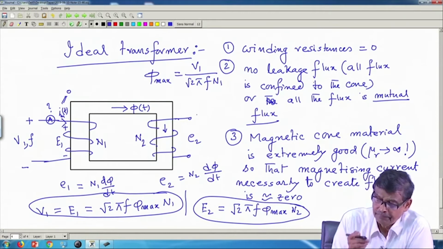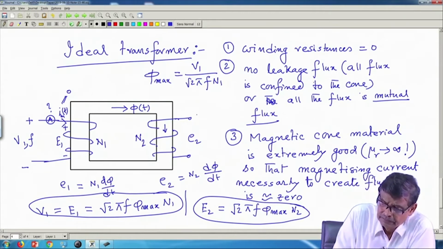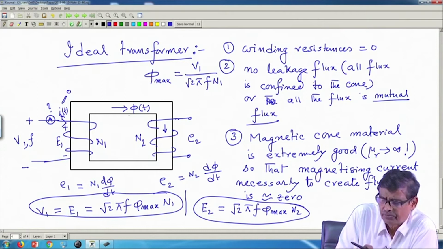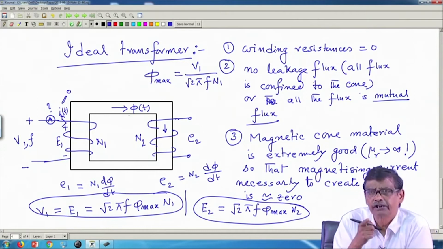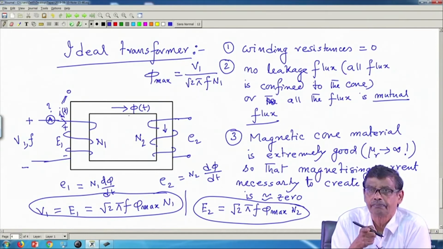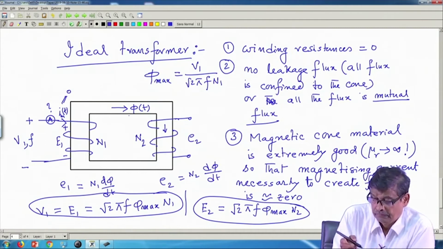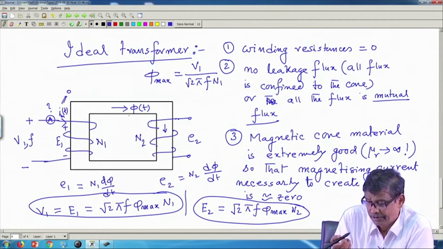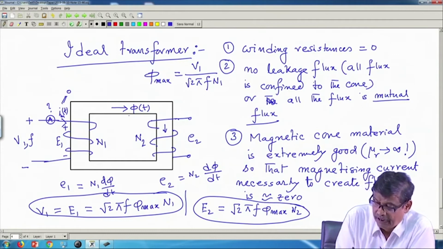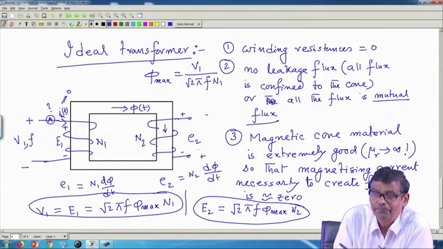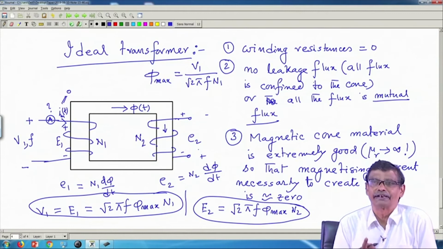Means what? About this flux, what I told, the flux is positive and it is increasing. Now, there are only two possibilities, either this is plus, this is minus, or this is minus, this is plus, either one of these is true, correct.